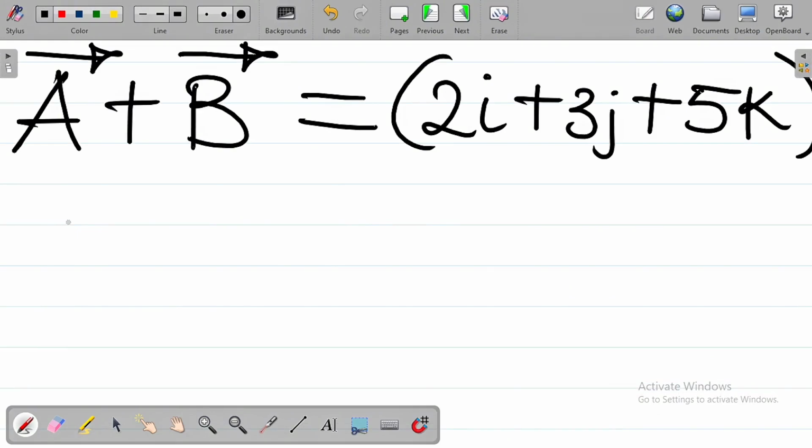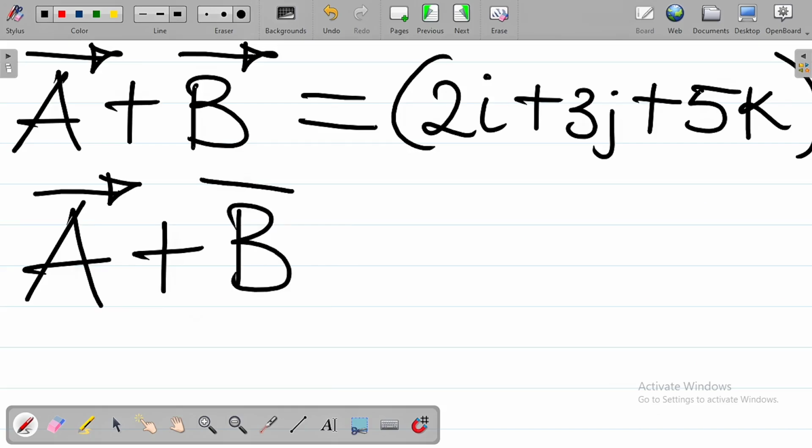So we have here vector A plus vector B is equal to, so what do we do next?